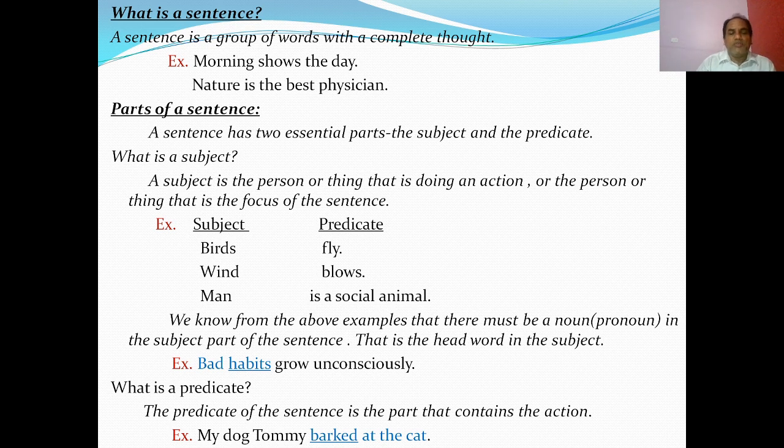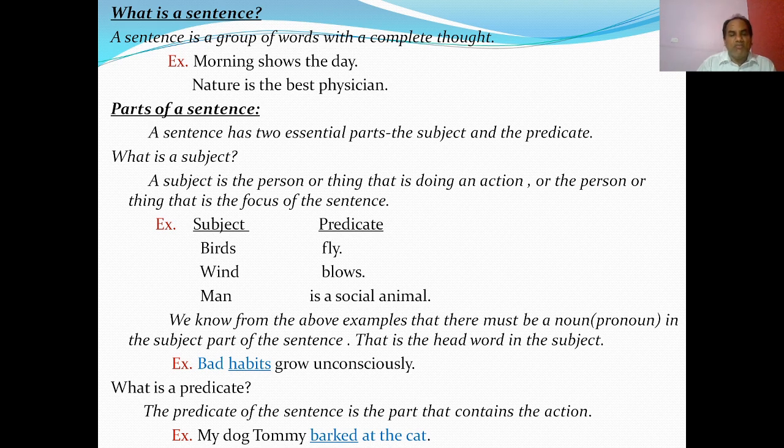The predicate of the sentence is the part that contains the action. We have discussed that a sentence has two essential parts. Except the subject, the rest of the sentence is the predicate. Take the example: my dog Tommy barked at the cat.